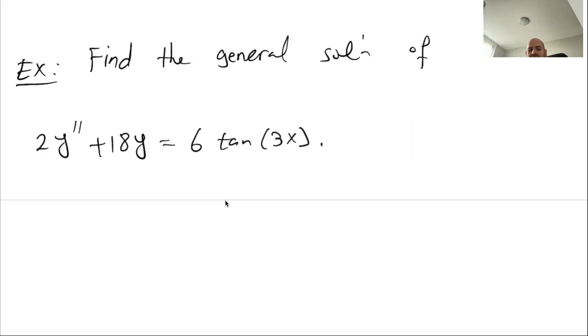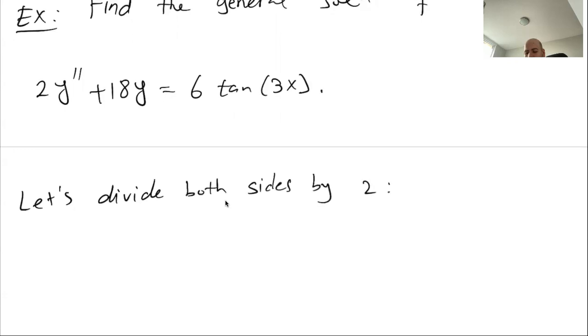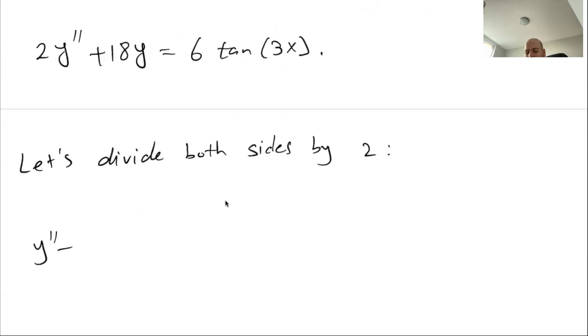First of all, obviously, we can simplify this equation a little by just dividing both sides by 2. So let's divide both sides by 2. And then we get y double prime plus 9y equals 3 tan 3x.